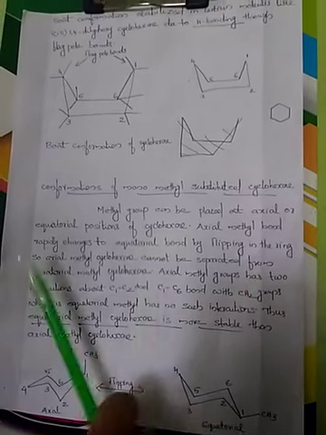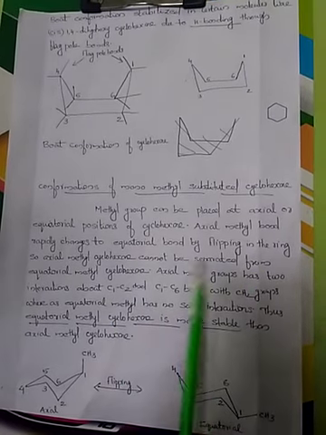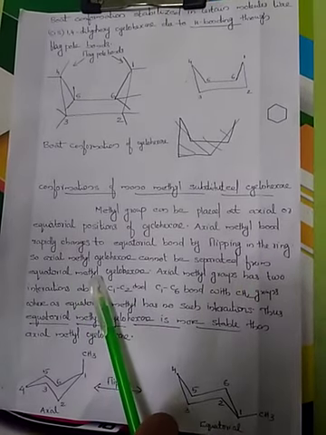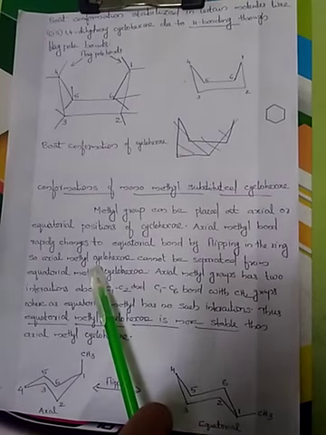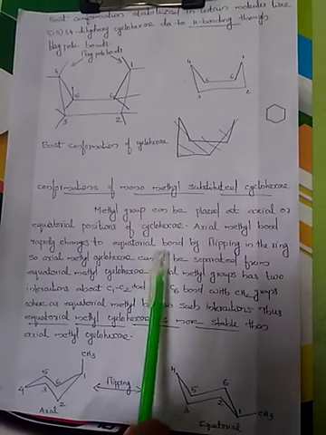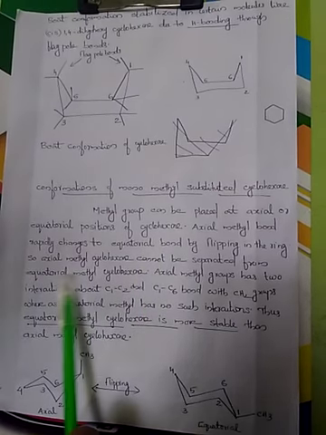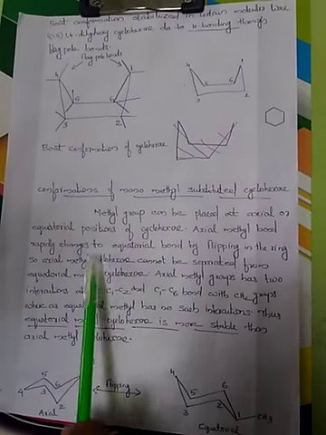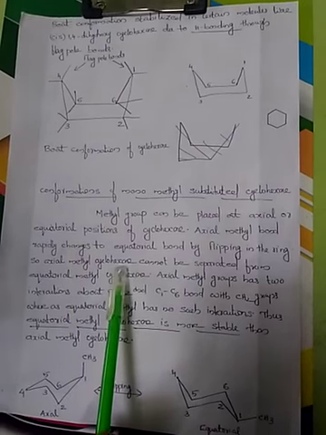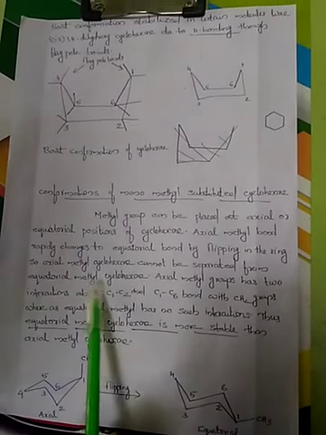So axial methyl cyclohexane cannot be separated from equatorial methyl cyclohexane. Sometimes you can see methyl group in the axial position, sometimes you can see the methyl group in the equatorial position. So we cannot separate this axial methyl cyclohexane and equatorial methyl cyclohexane.